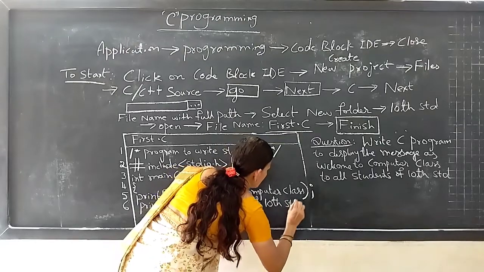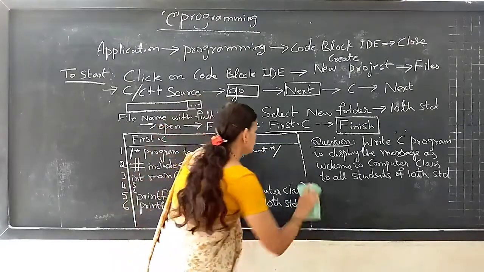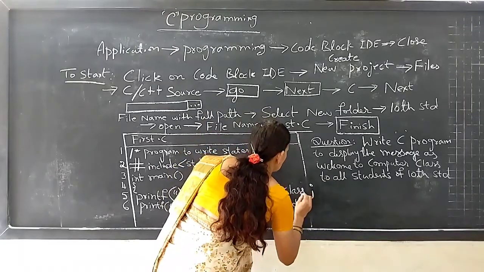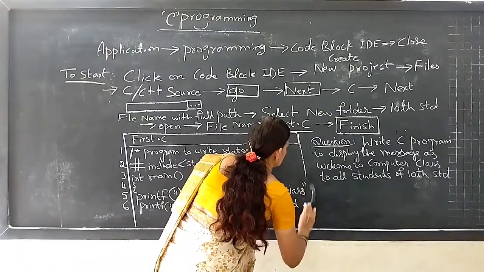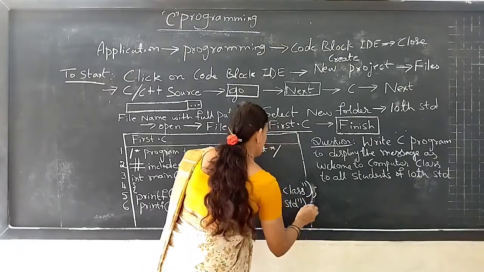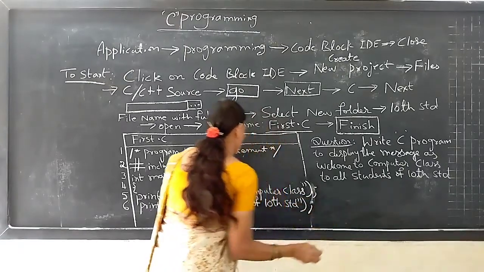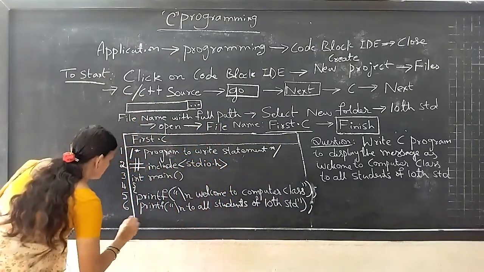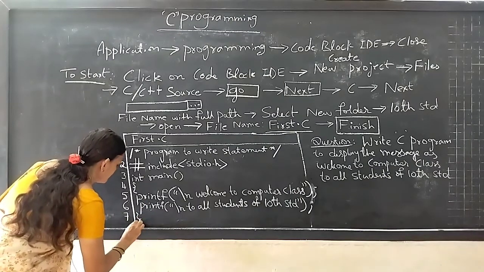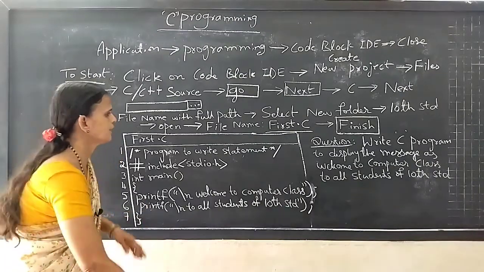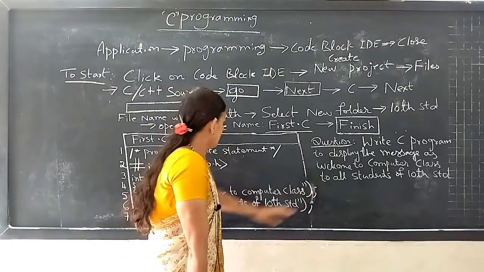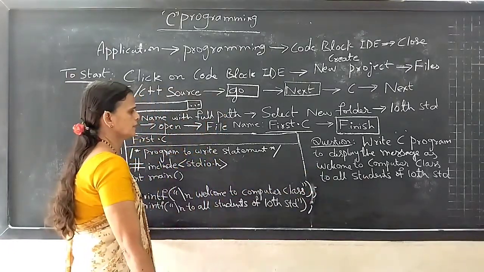And the double quotes should be closed here also, then bracket, then semicolon. Then in the seventh line close the flower bracket. So in order to display the message, you have to write the program in this manner.